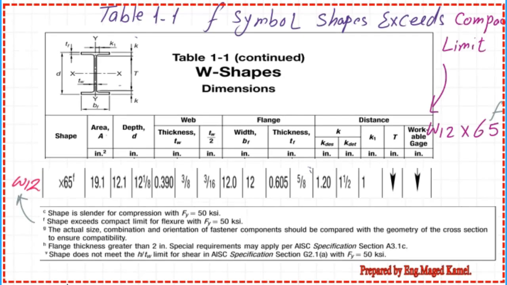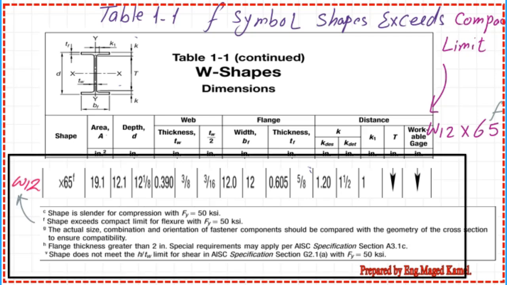In that case, the section will no longer be considered non-compact because the ratio will be compared to another value of lambda p flange and lambda r together with lambda p web and lambda r web.